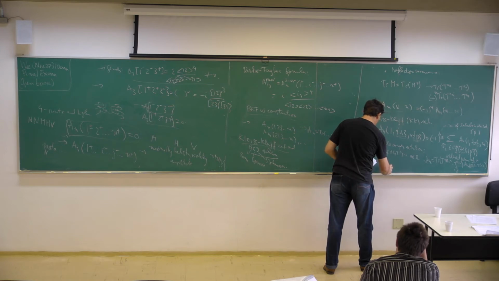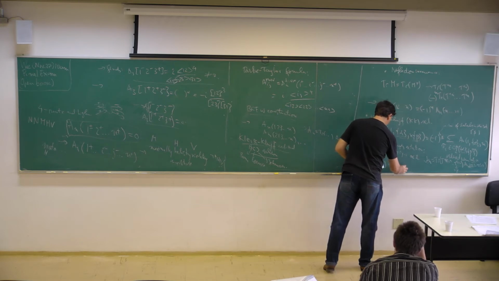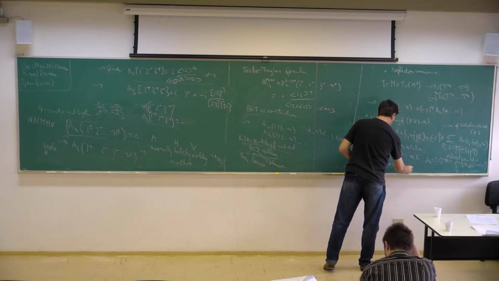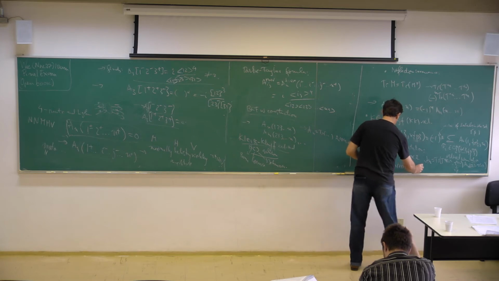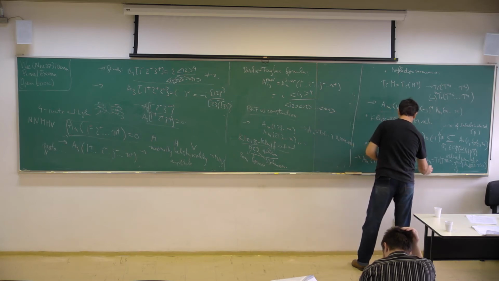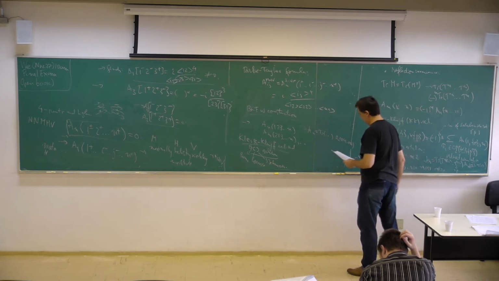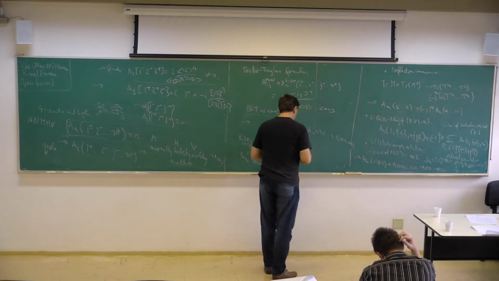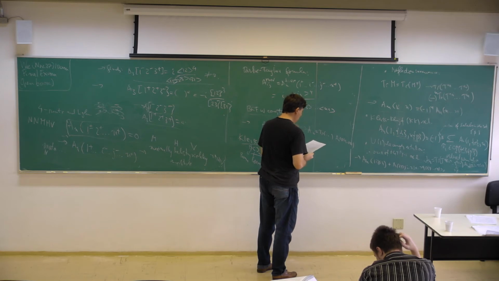So A(1, 2, 3, 4, ..., n) plus A(2, 1, 3, 4, ..., n) plus A(2, 3, 4, 1, ..., n), and so on, is equal to 0.